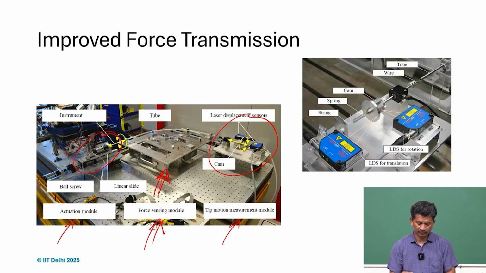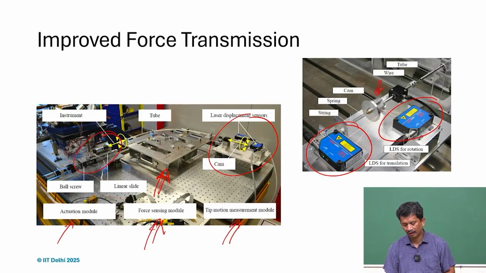On the other side, for the tip measurement, we use this non-contact type of measurement, and we use a very nice cam, I would say. So although it's not touching, and it's only the linear displacement we are measuring, we can convert it into rotational measurement.